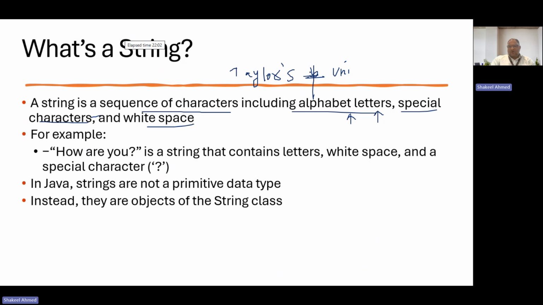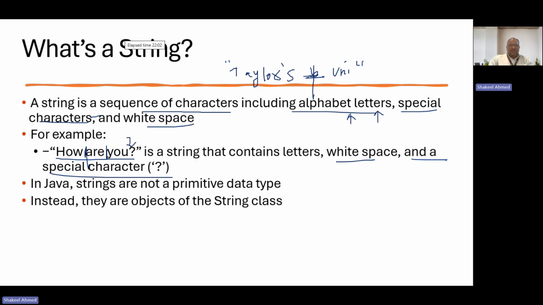So the space will also be a part of the string itself. Any blank spaces will also be considered part of strings. For example, "how are you?" is a string containing letters. It has white spaces, there is a white space here and a white space here, and a special character, the question mark.